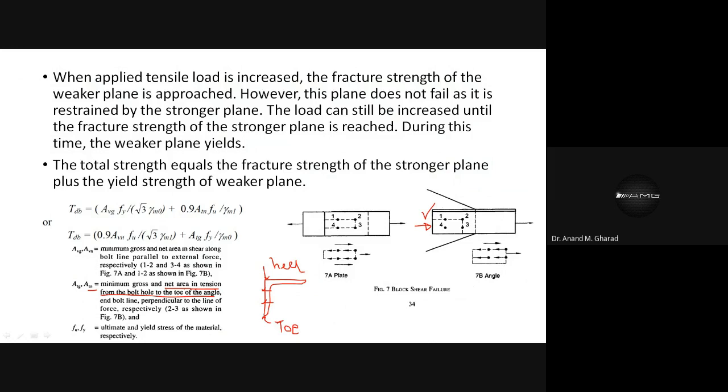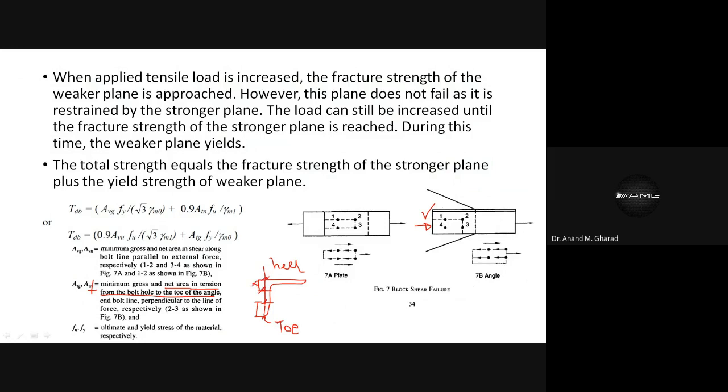Okay. So remember, whatever ATN value has been defined by the IS code for an angle section, it is this distance. That one has to remember. It is not this distance, that is from here to here. ये नहीं है. Got it? This is not that ATN distance.